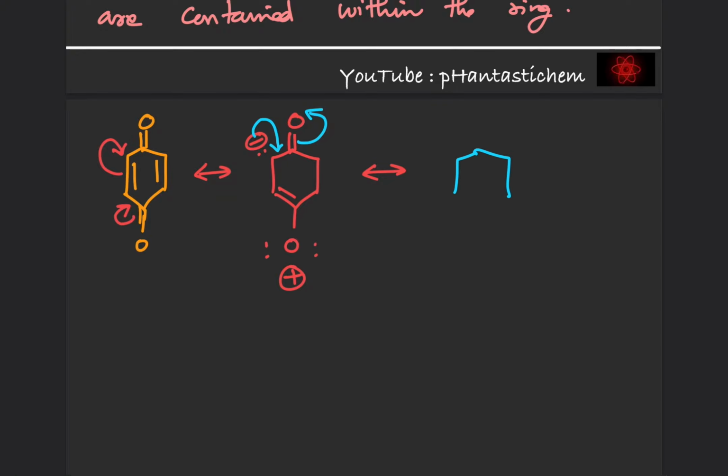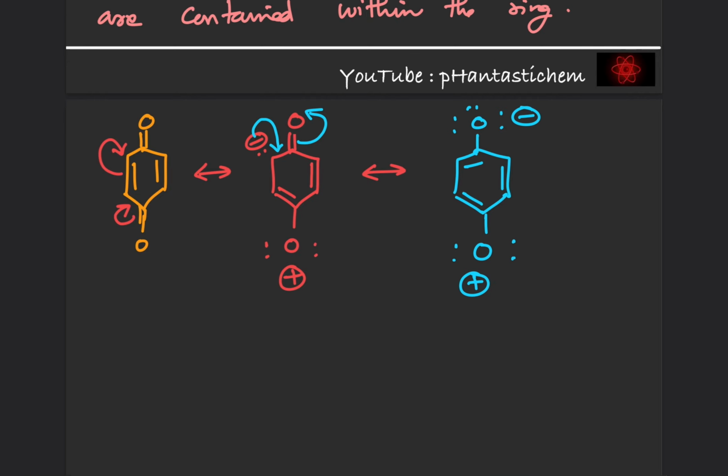And obviously this pi bond is there. So we will get O with a negative charge, and O with a positive charge.